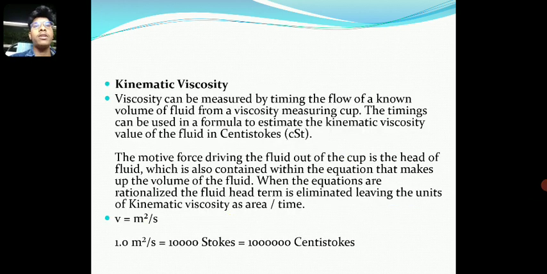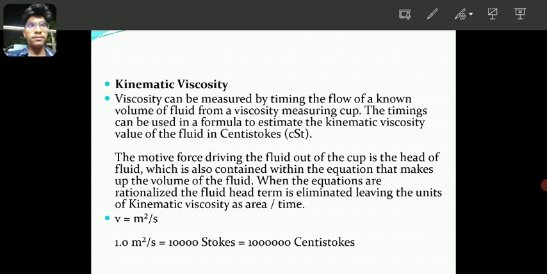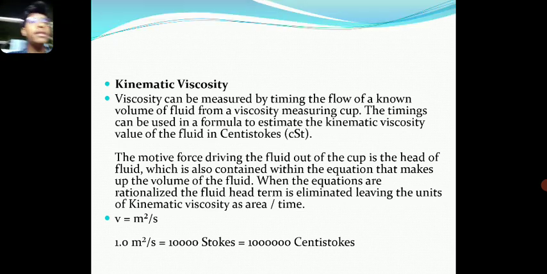So, coming to know about kinematic viscosity. Viscosity can be measured by timing the flow of a known volume of a fluid from a viscosity measuring cup. The timings can be used in a formula to estimate the kinematic viscosity value of the fluid in centistokes.